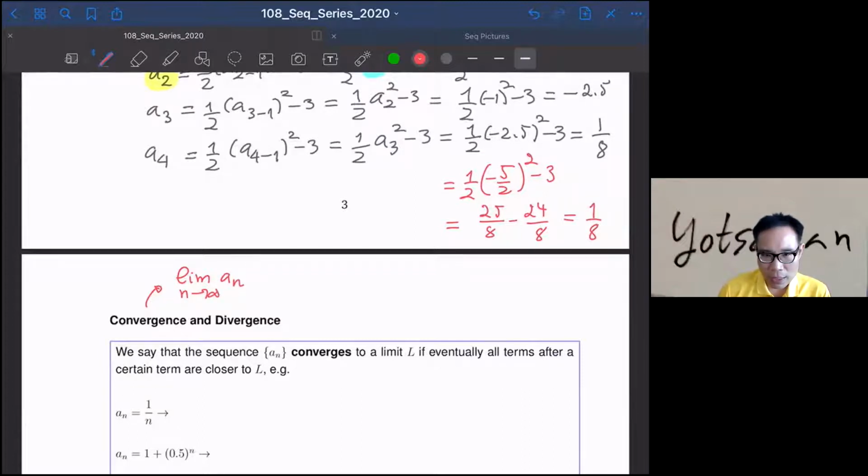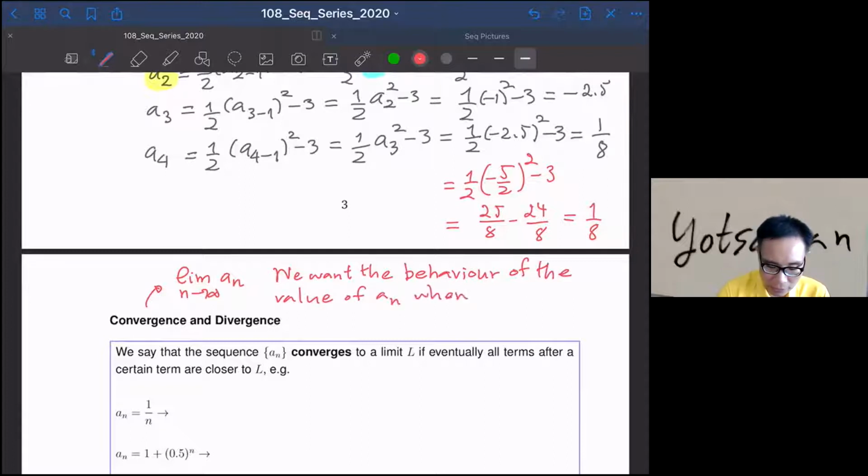It means that we'd like to know the behavior of the sequence when n goes to infinity.